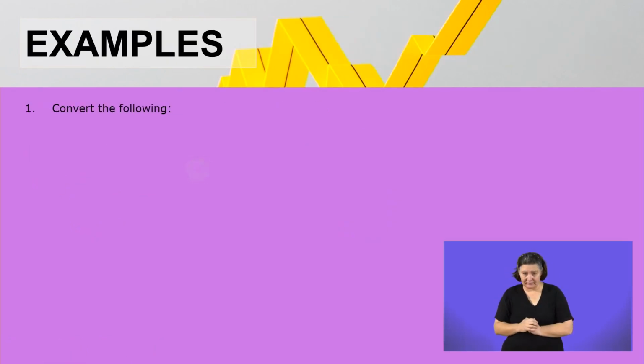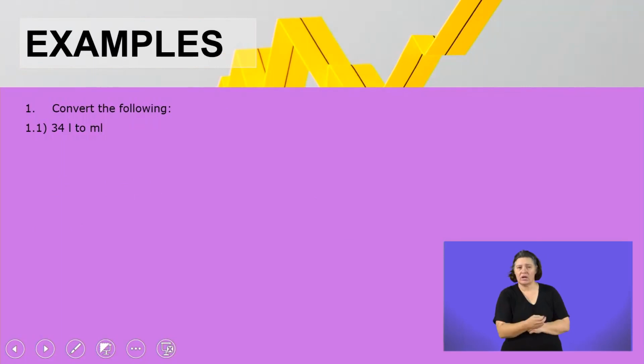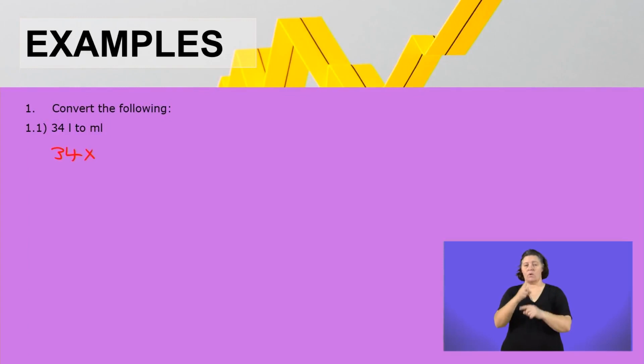Okay, grade 12, let's look at a few examples. Convert the following: 34 liters to milliliters. I'm converting from big to small, so I will multiply. 34 multiplied by 1,000 gives me 34,000 milliliters.